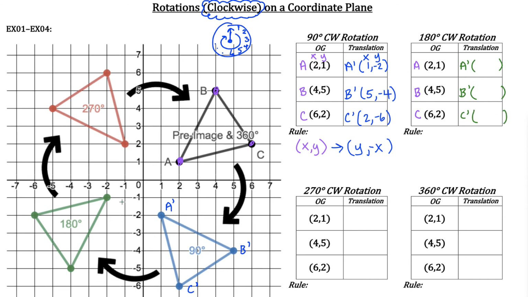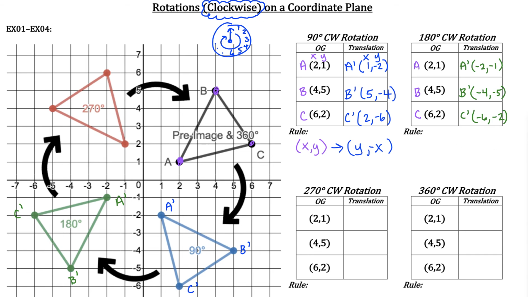So A prime is right here. C leads the way, so C is right here. And B is behind, so it goes right here. So A prime is (-2, -1). B prime is (-4, -5). And C prime is (-6, -2).